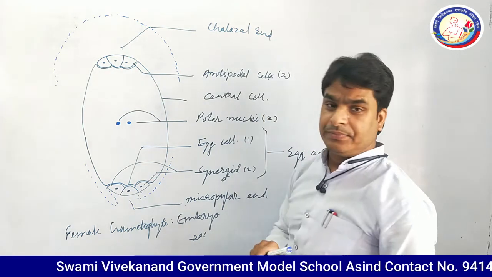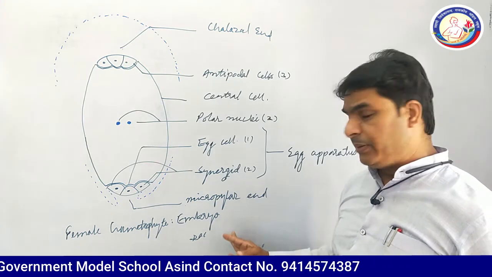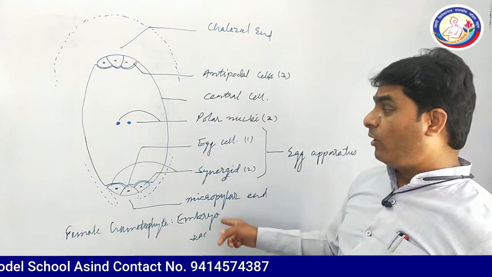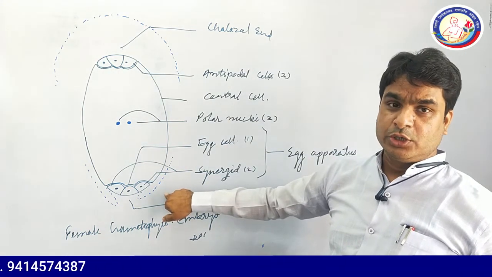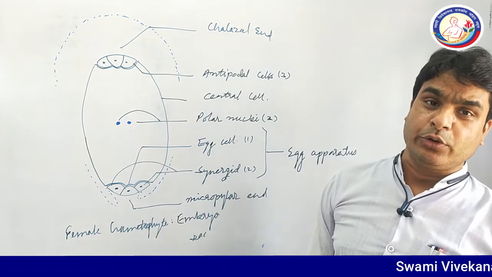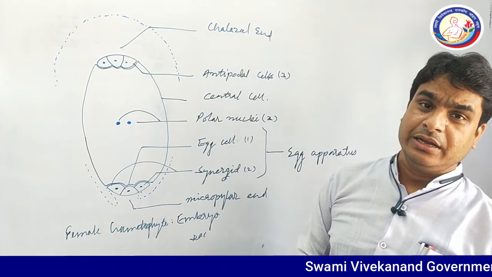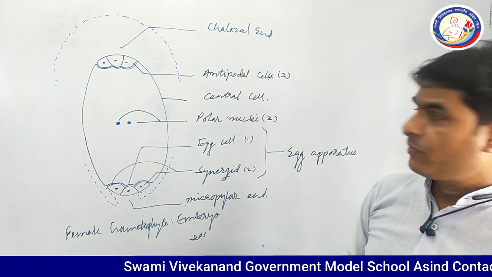So you can see this is the female gametophyte, also known as embryo sac. It contains overall 3 plus 1 plus 3, total 7 cells, and it possesses 8 nuclei here. So it is called the 8-nucleated condition.